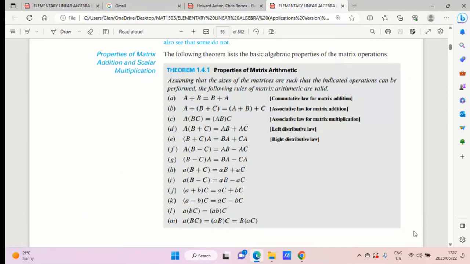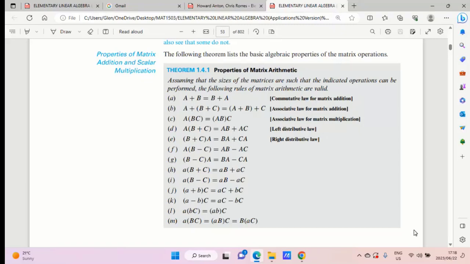This is the theorem that we are using. Which one should we use, Level, amongst A to M? We are using letter C, the associative law for matrix multiplication.